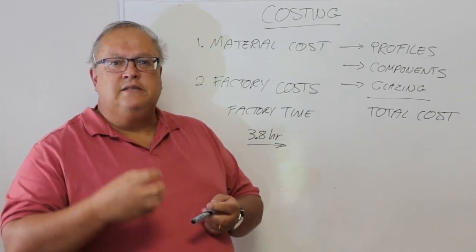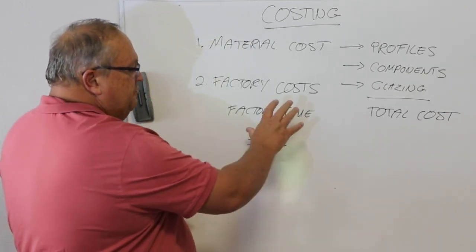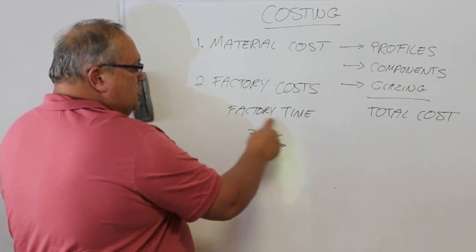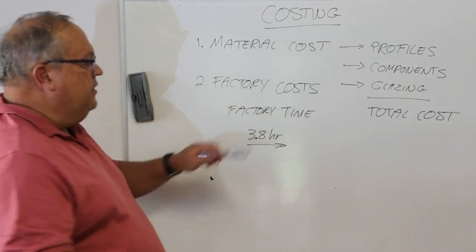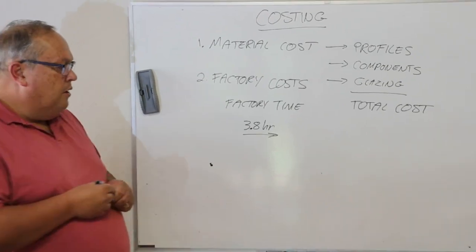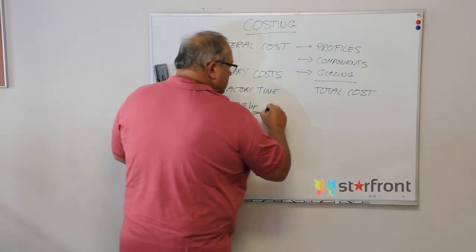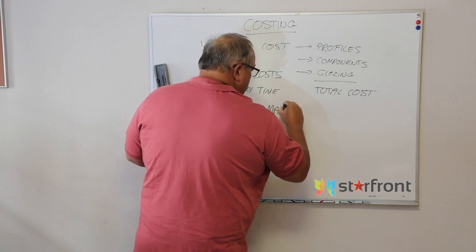Each of the basic fundamental building blocks that are required to manufacture your window are totaled, and it represents that as a total number of factory hours. Now, first of all, what is important about these hours is these are man hours.